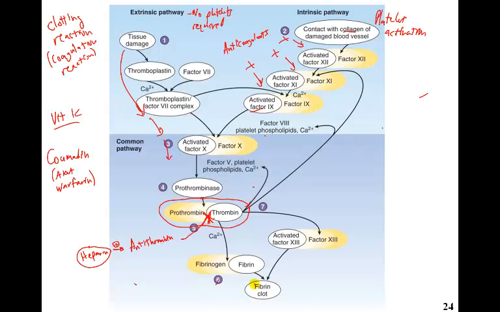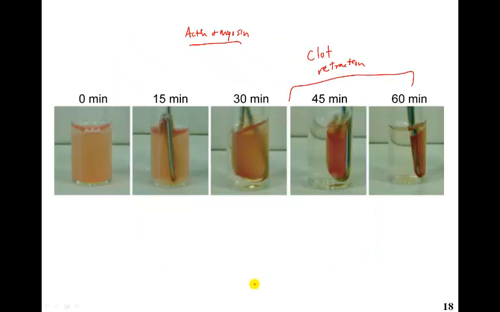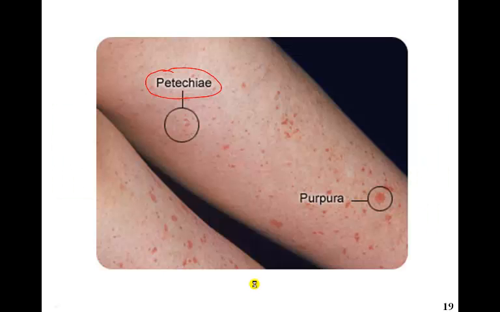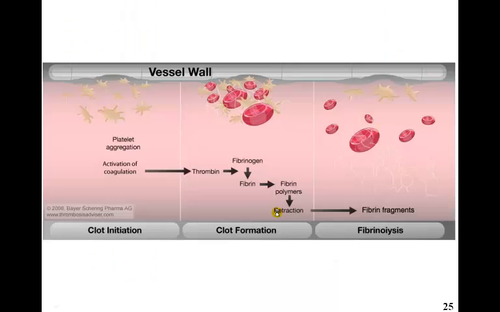And clot retraction is this process we talked about where the platelets that are inside the clot contract due to actin and myosin, causing the clot to retract, to become smaller. As the clot gets smaller, it helps seal off the wound, and it brings the edges of the tissue closer together. Okay, so retraction happens within minutes.